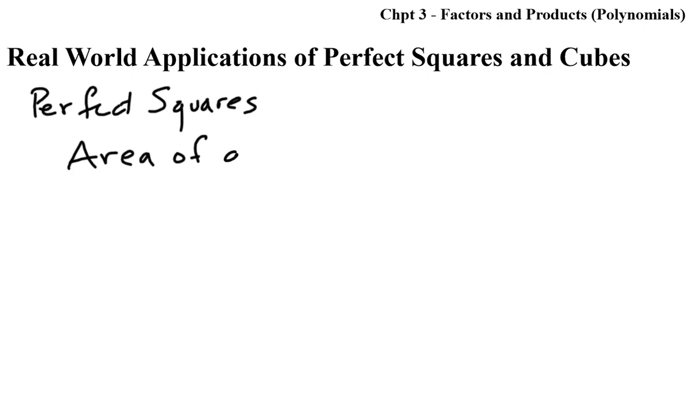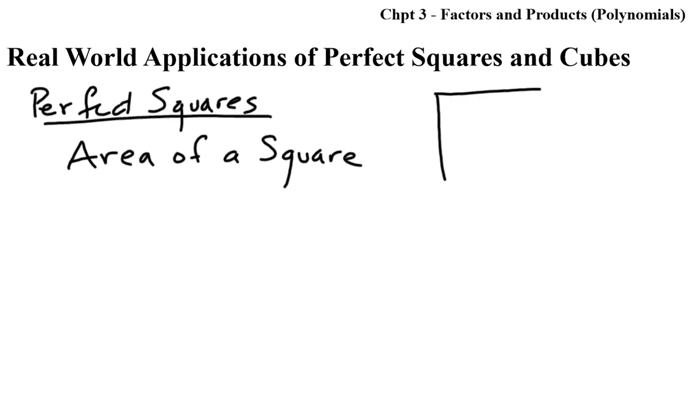For perfect squares, what we're looking at is any kind of situation that involves the area of a square. For perfect squares, the area of a square is where we could square root. For whatever situation, you have an area equal to 25.